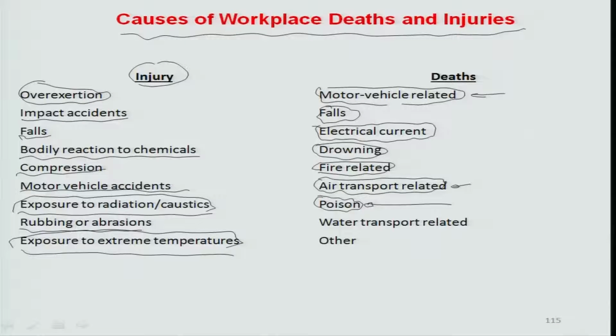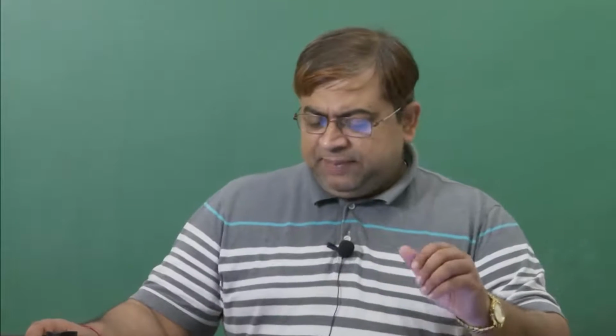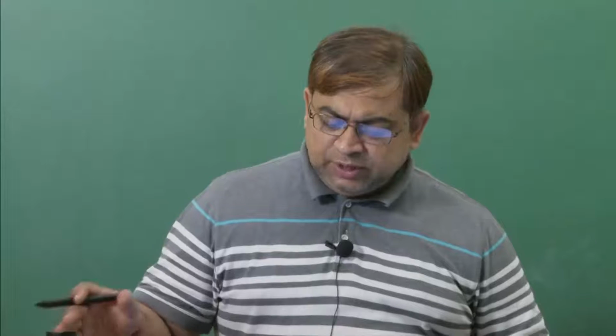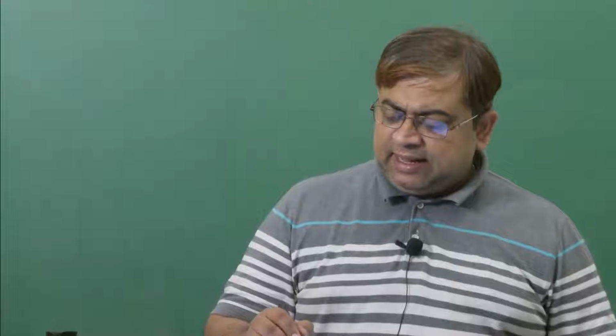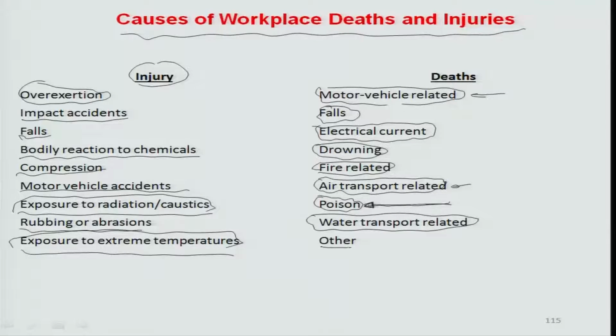For example, we know of a recent case where a closed automobile was placed for a long time under the sun, and because of toxic fumes generated from the plastic components within the automobile and the paint, there was a death of an infant who was transported in the automobile without proper bleeding of the internal cabin air. So these would result in some fatalities. Again, there are deaths related to water transport or some other means.